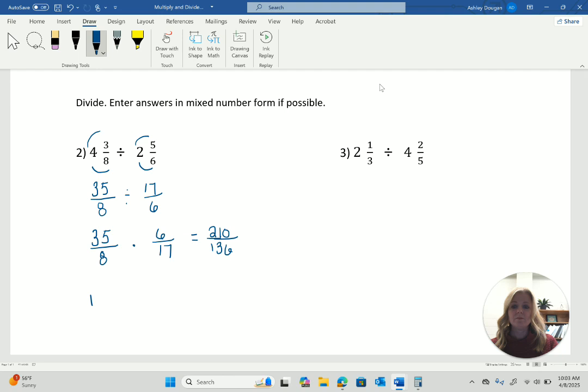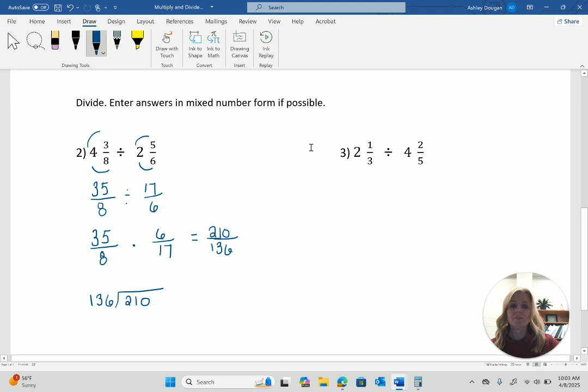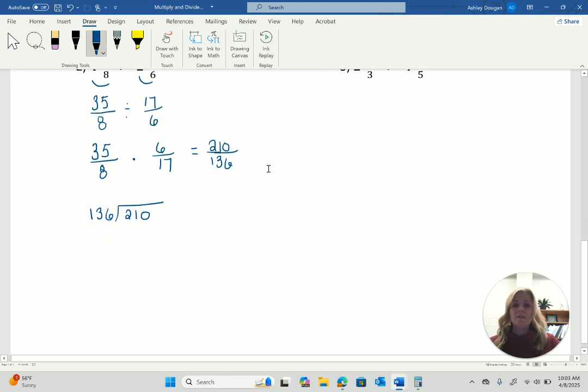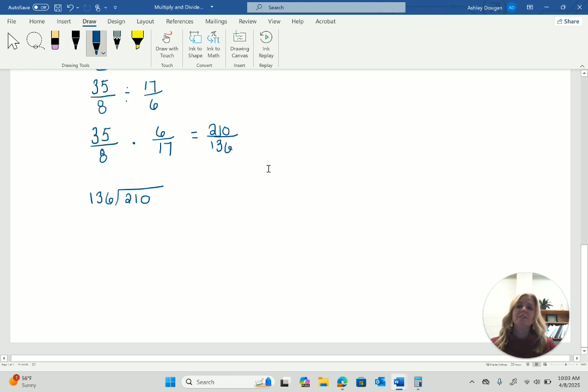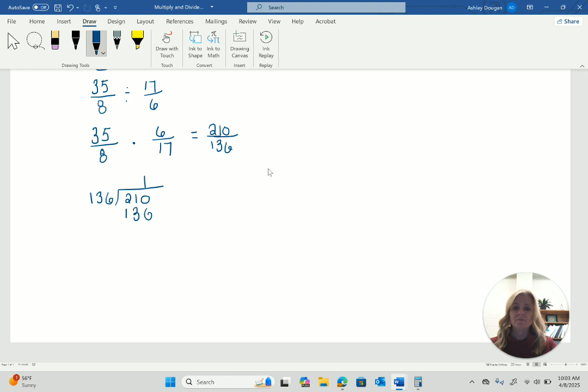I'm going to use long division to change this to a mixed number. 136 will go into 210 one time. So I put my 1 on top, and then I'm going to subtract. And that's going to give me 74.